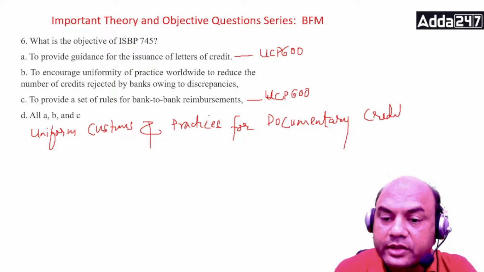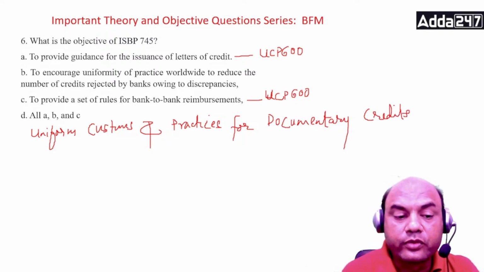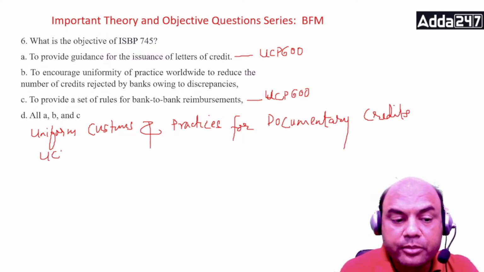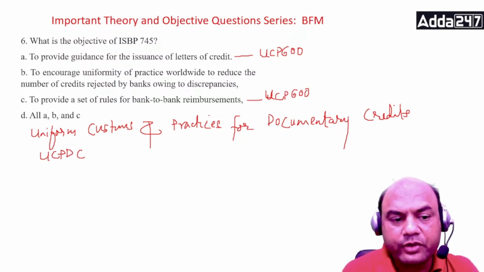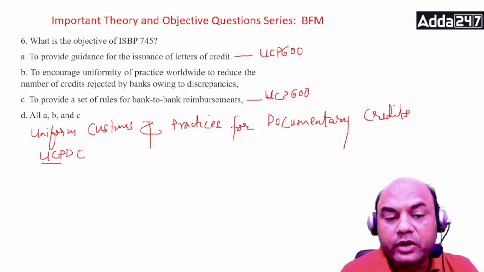The full form is actually UCPDC, but we don't write such a big word, that's why we write only UCP. And what is this 600?